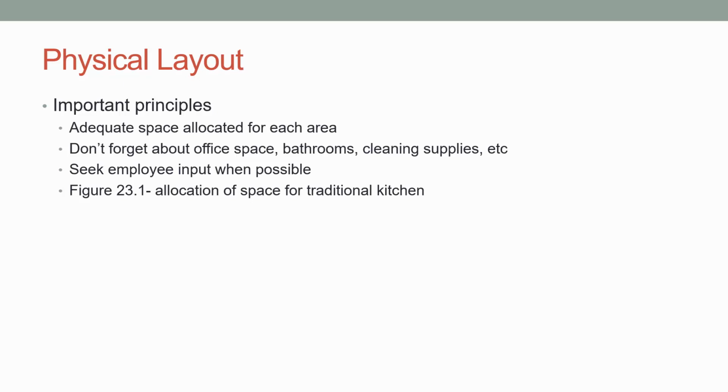So they have about 3% for receiving, about 28% for storage, 27.5% for preparation, 11.5% for cooking, 20% for serving, and almost 10% for cleaning up, so dish room, things like that. This is just an estimate. Again, we've talked about all those other things influence whether or not you're going to need more space for serving or more space for prep, depending on what your menu type looks like. So just keep those in mind.